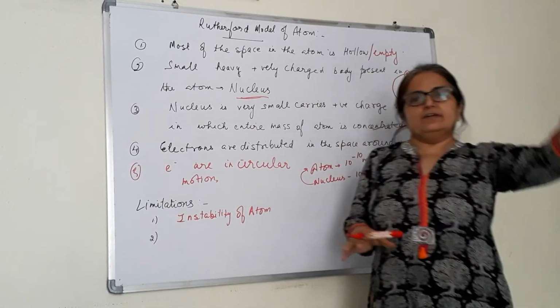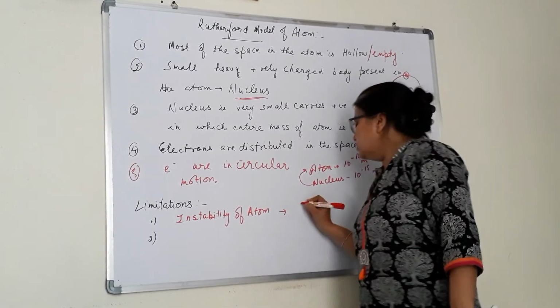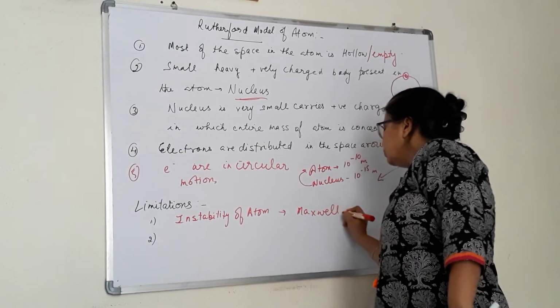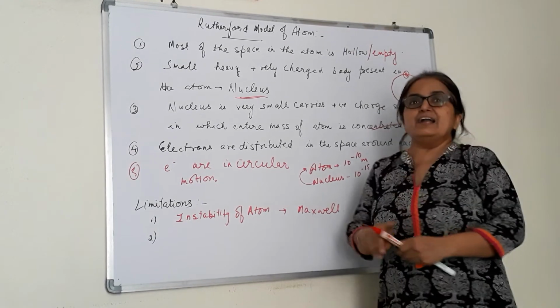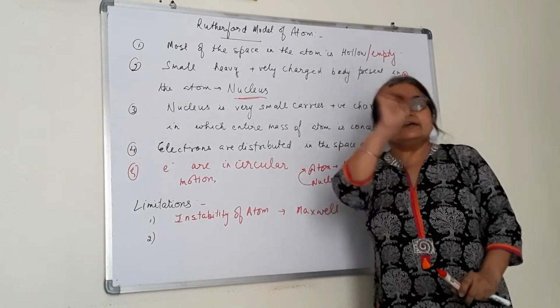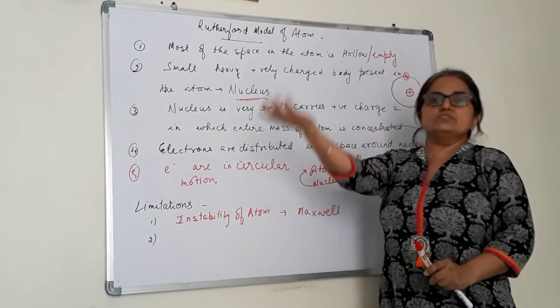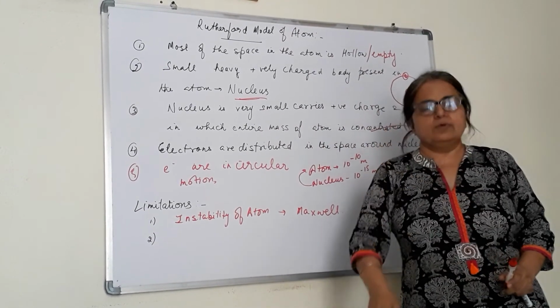According to one particular theory it was stable, but now according to another theory which was proposed by Maxwell, who was studying electromagnetic radiations, when any charged particle is moving, it should lose energy. When it is losing energy, this electron should collapse.